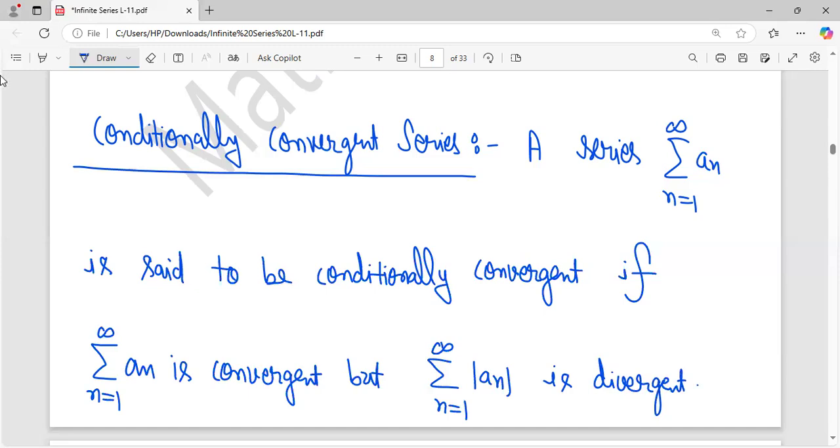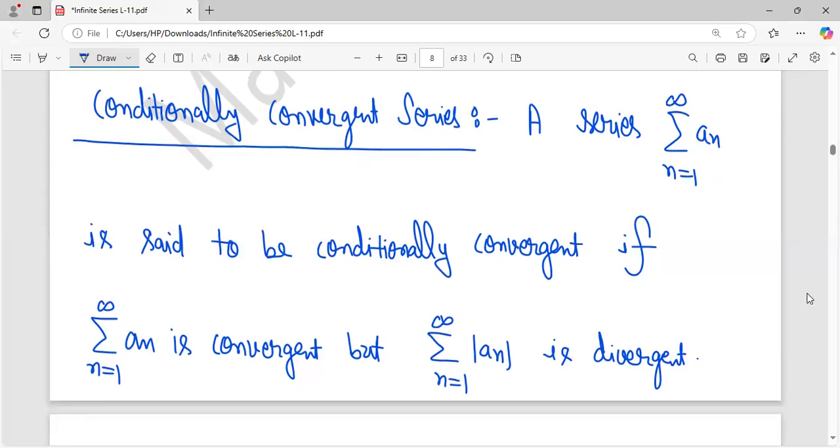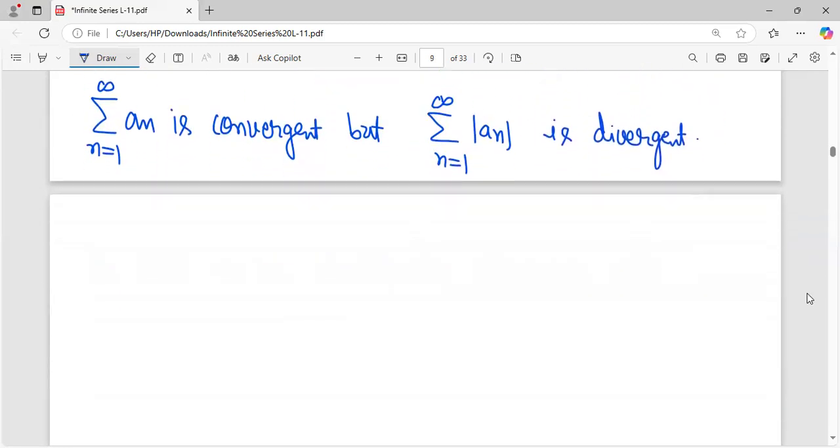A series is said to be conditionally convergent if this series is convergent but its absolute value series is divergent. It means not convergent.